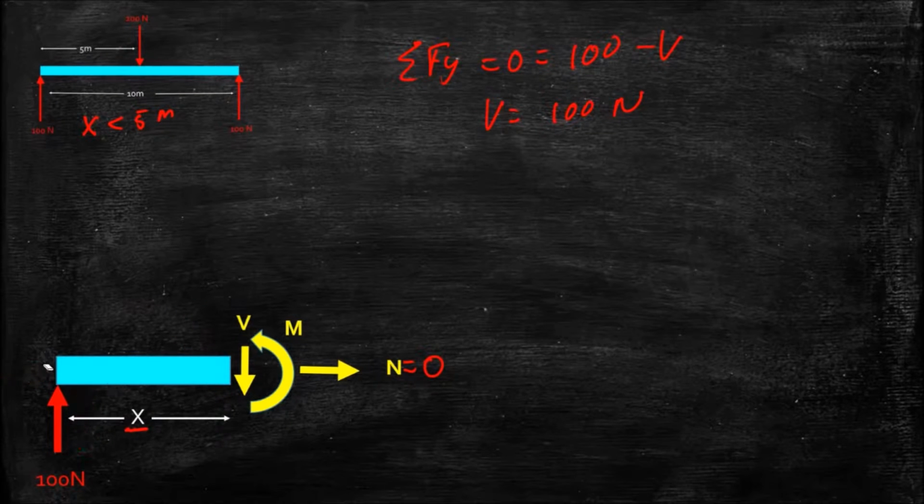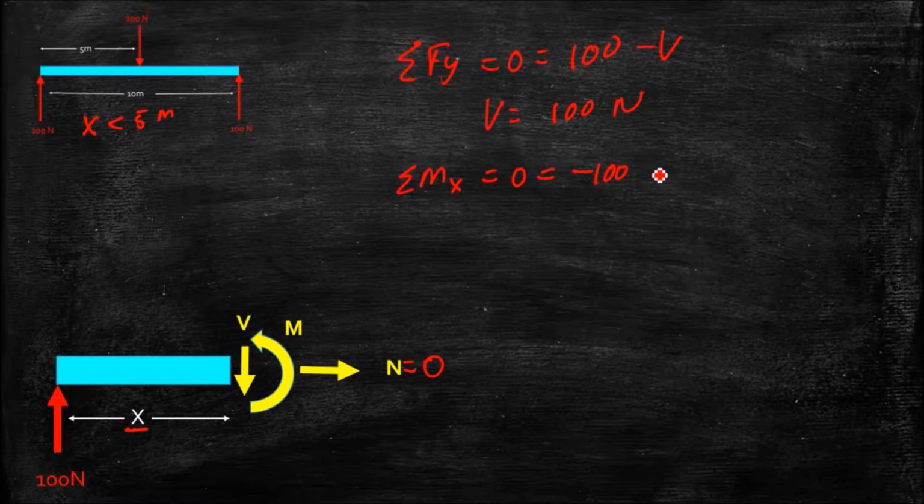Now, if we consider our moment, we'll take the moments at our section here, so we don't have to worry about what the shear force is. We can only work with the known reaction force, and we solve directly for the moment at that section. So the sum of the moments at our section x equals 0, and that's equal to minus 100 times the distance x plus that moment at x.